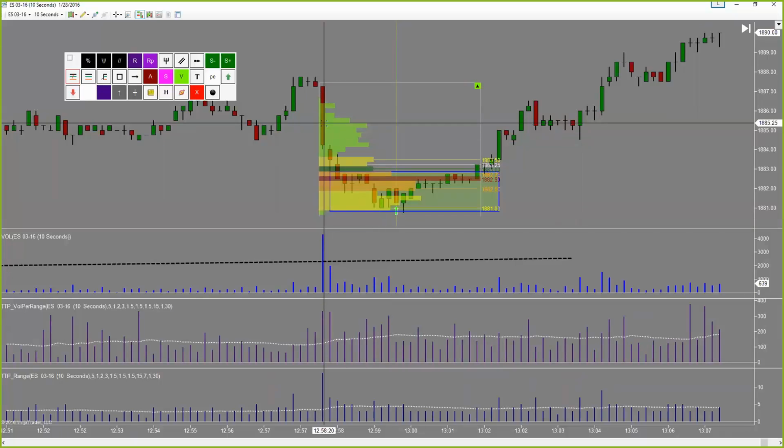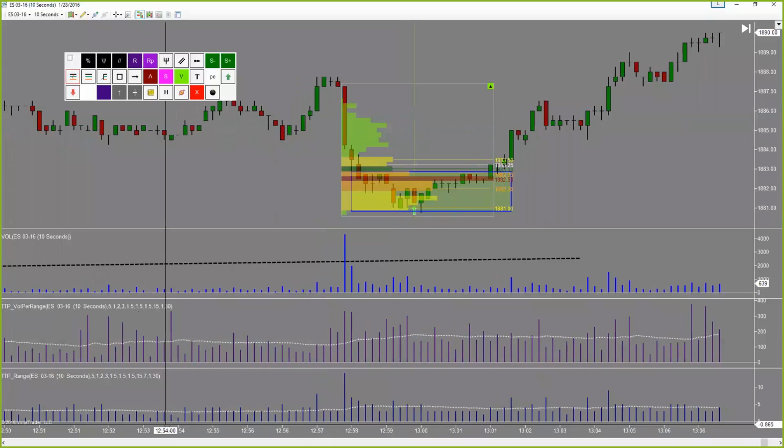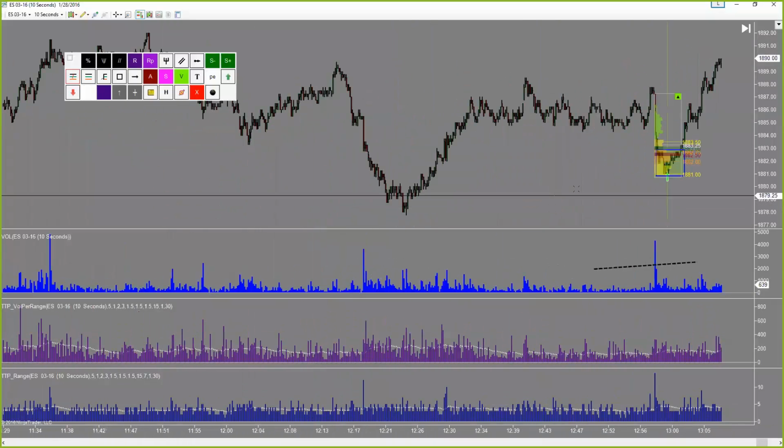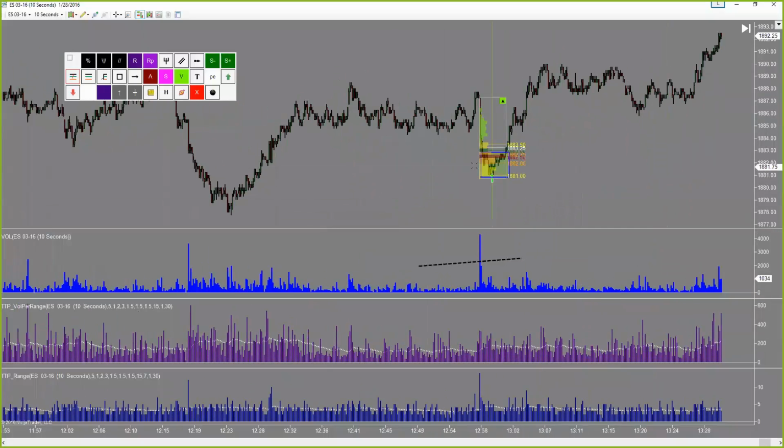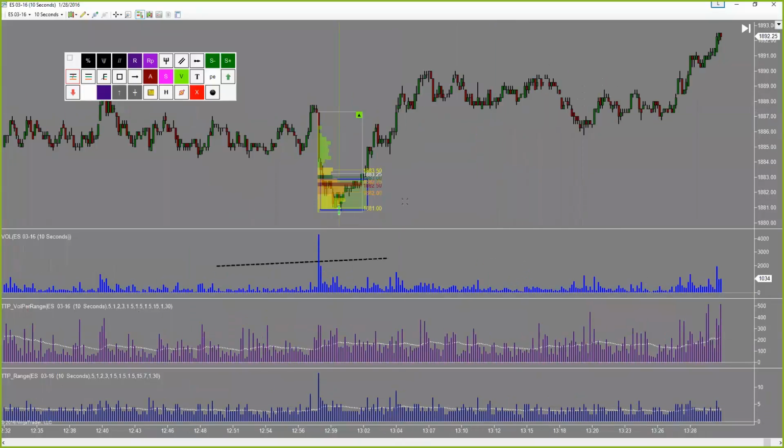They see, wow, there's a lot of people going short right there. Wouldn't it be nice to trap all of those guys, absorb all of that, work it back up, and then stop them out, take all their money essentially. So that's kind of what's happening there.